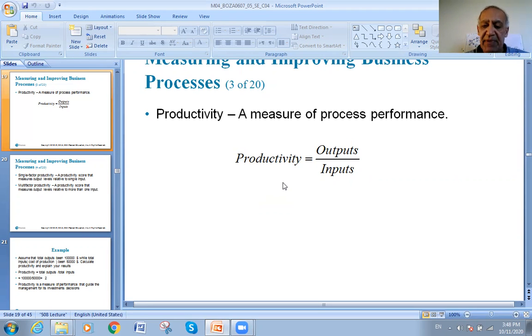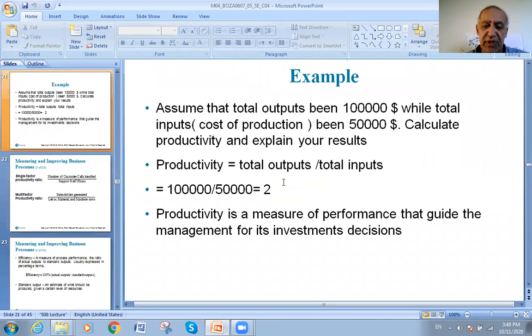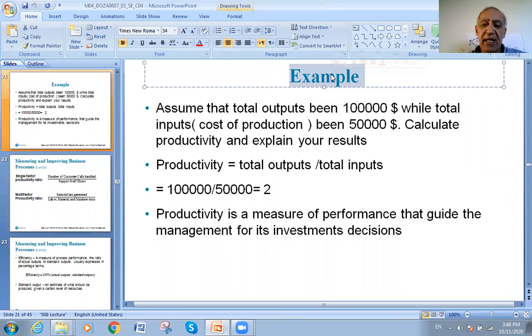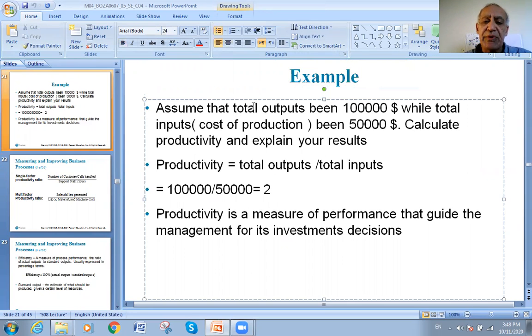I give a very small example, like the ones you will get in your quizzes or assignments. Assume that the total outputs are $100,000. Total outputs might be the sales revenues: the number of units sold multiplied by the price of each unit.